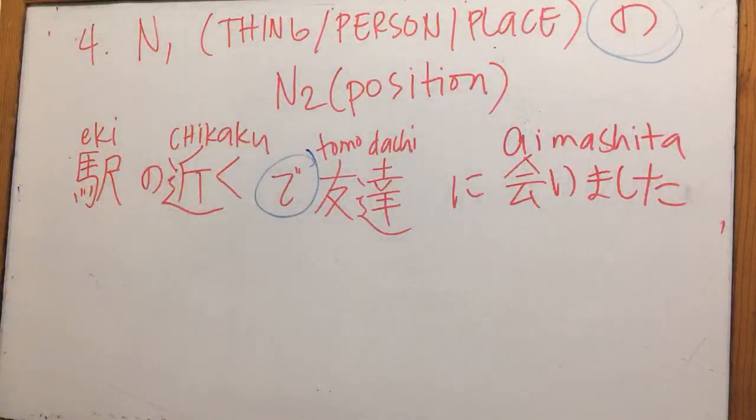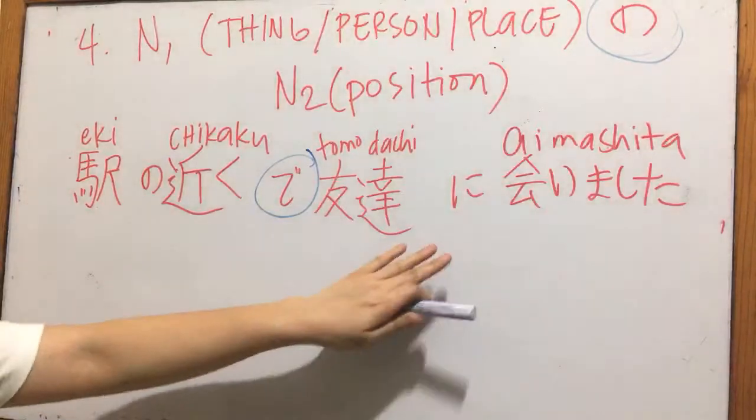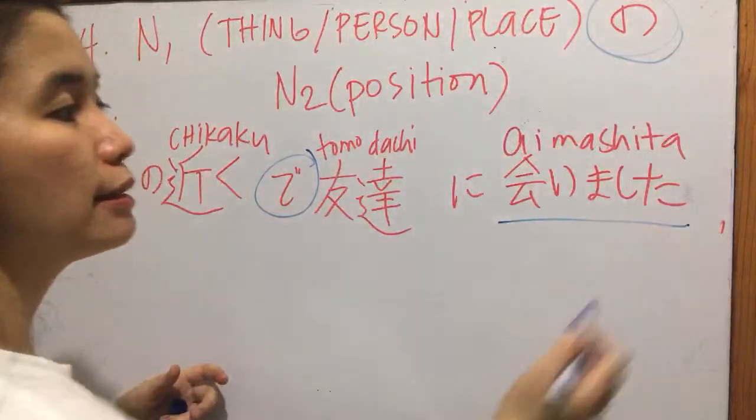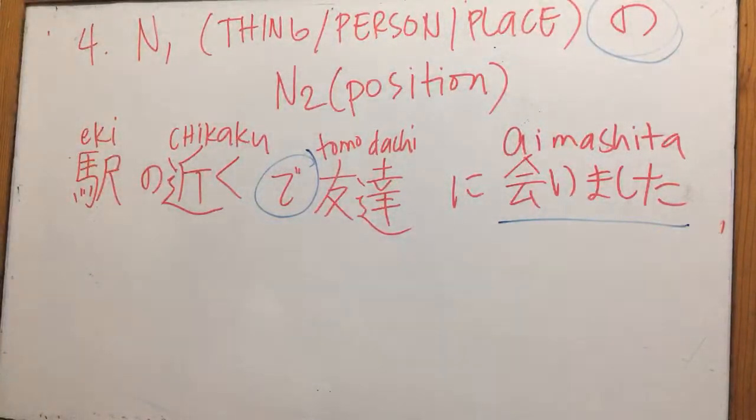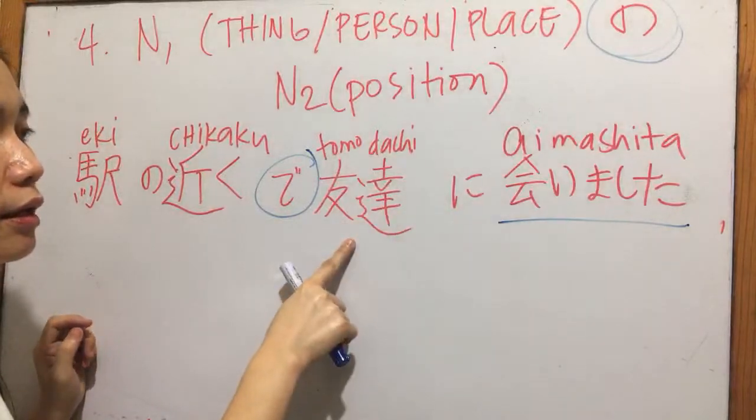Our particle is de in there. Since that is a place noun, you can also use the particle de. And in here, our verb is aimashita. So, who did you meet?